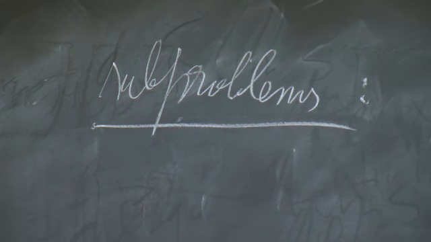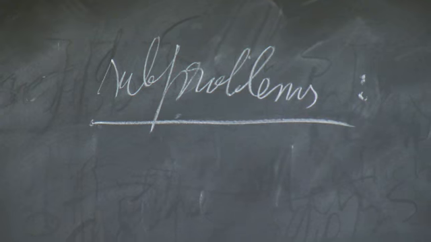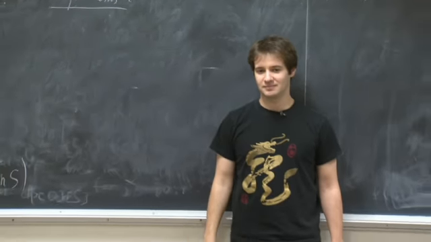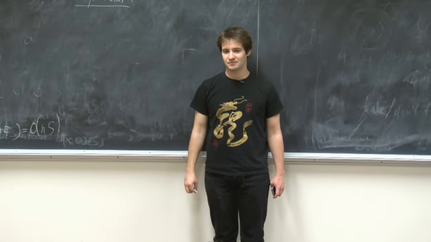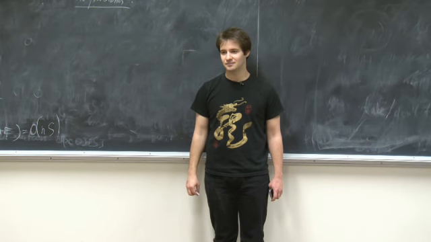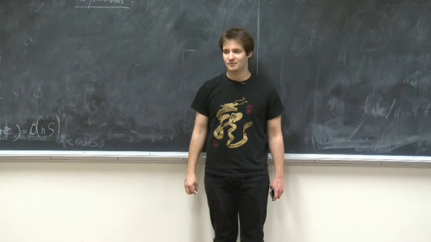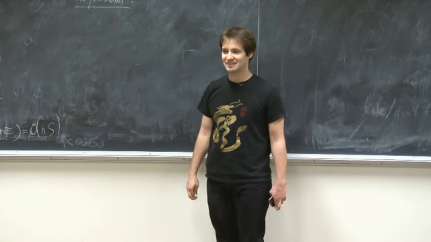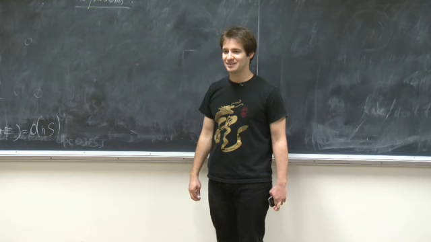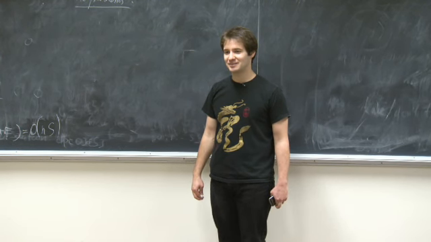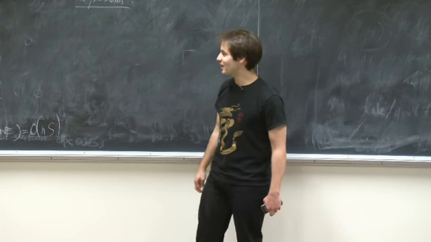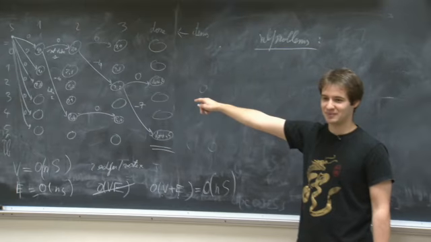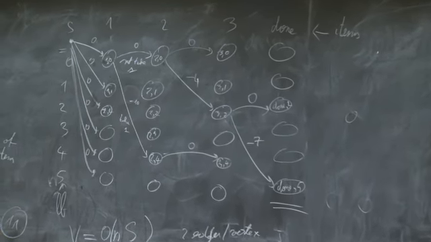So what are the subproblems? Okay, first off, how many subproblems am I going to have? NS. So I just said that one subproblem will map to a vertex in the graph. NS vertices, NS subproblems, right?